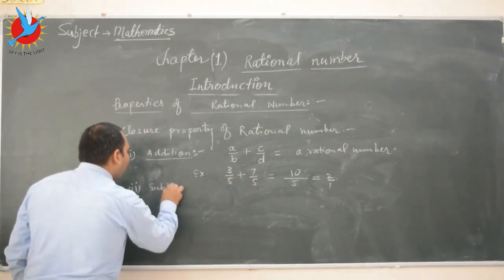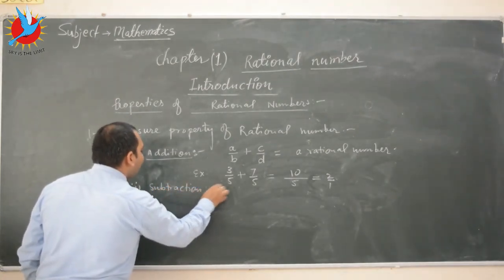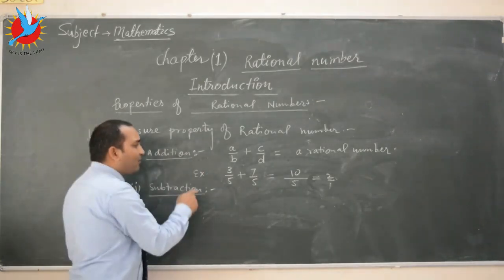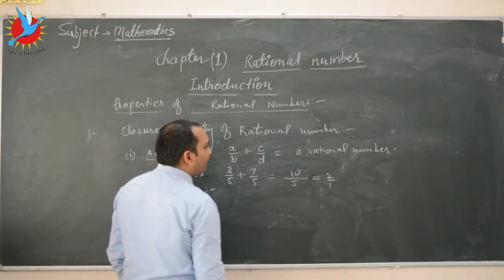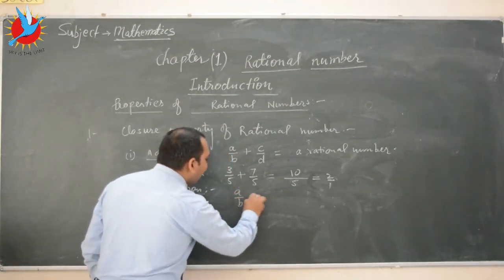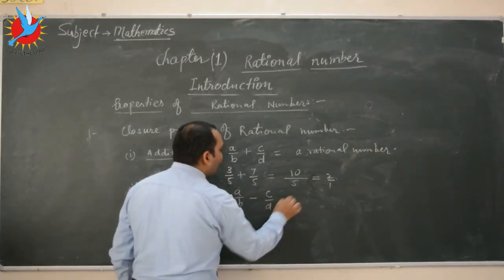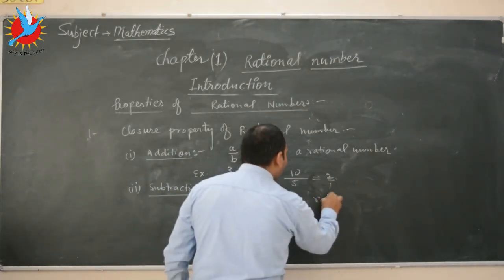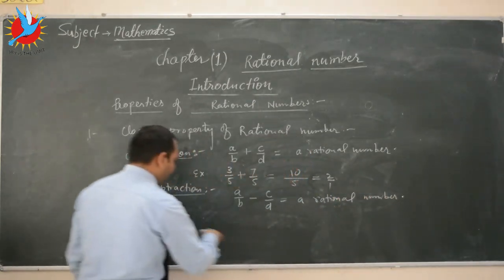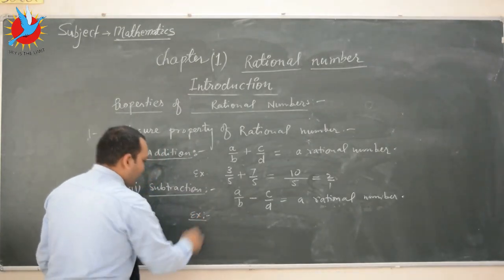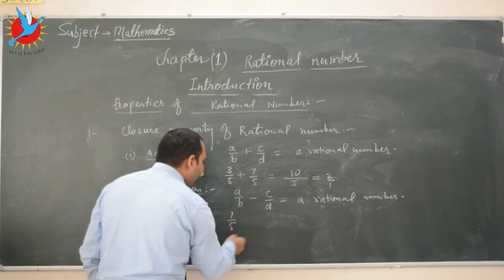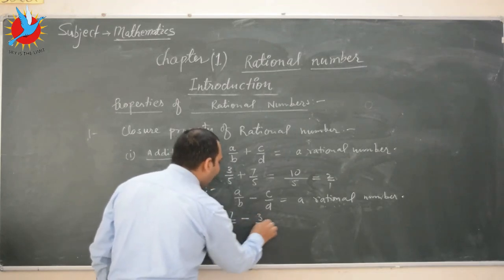Second, closure property for subtraction. If we subtract two rational numbers, we get a rational number. For example, a upon b minus c upon d is equal to a rational number. Take an example: 7 upon 5 minus 3 upon 5.